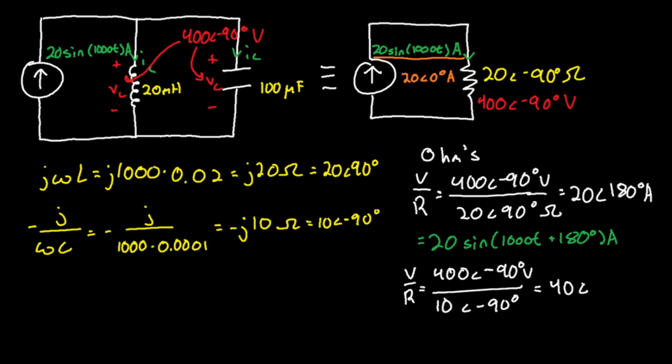And negative 90 minus negative 90 is simply 0. So this right here is the current in polar form of the capacitor, which is actually equal to 40 sine of 1000 t plus 0 phase shift. So it's simply just amps. So this is I of C, this is I of L.